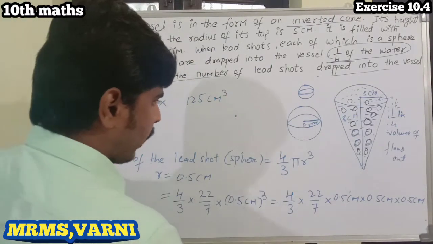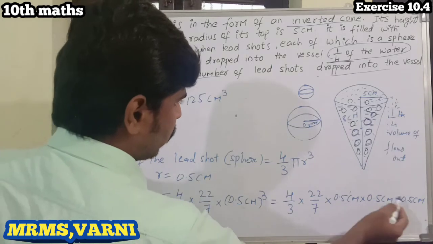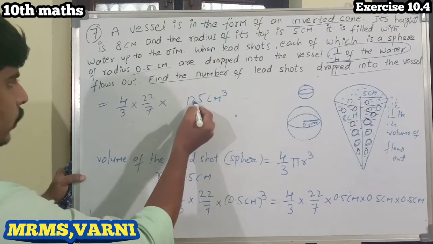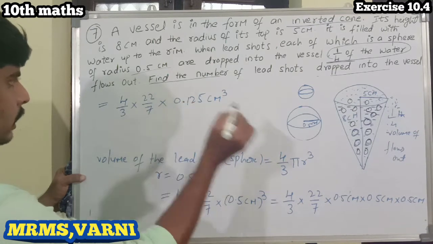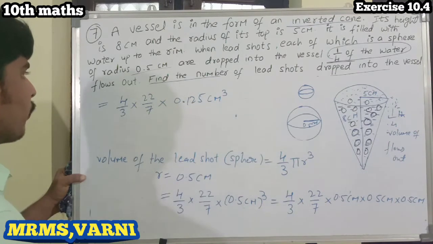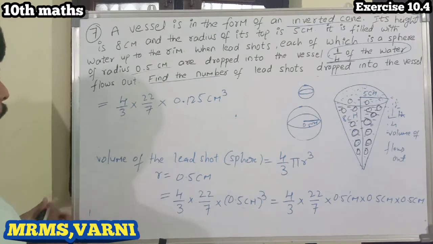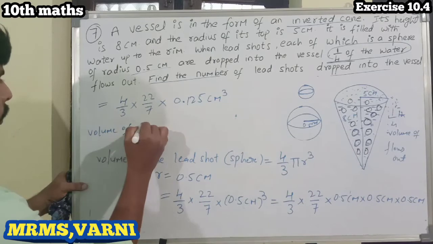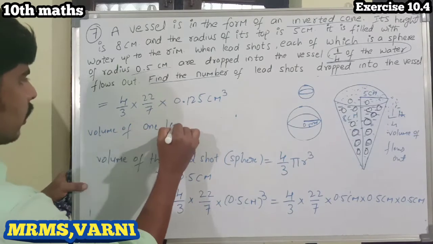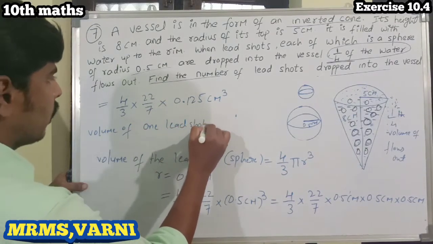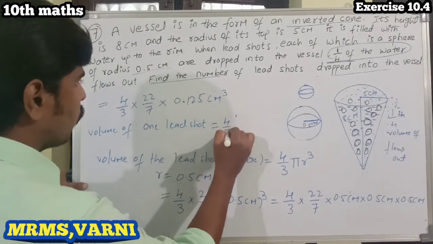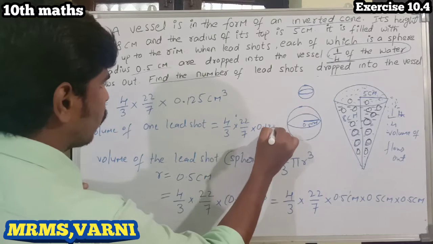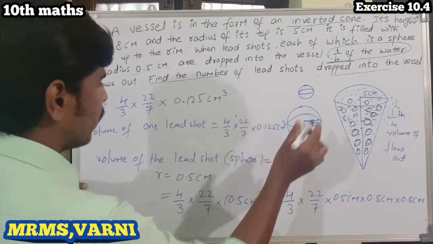We have a decimal point with 3 digits, so take the decimal point in front of 3 digits, 1 2 3. It is nothing but 0.125 centimeter cube. This is the volume of one lead shot, equal to 4/3 into 22/7 into 0.125 centimeter cube.